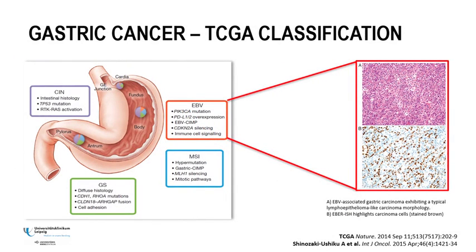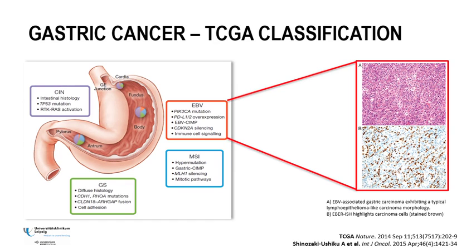Taking a short look at the last of the 4 subtypes of gastric cancer, the Epstein-Barr virus positive type of gastric cancer. I have mentioned it already before when we saw results from Korean investigators who reported that patients with EBV positive gastric cancer are more probable to benefit from treatment with the PD-1 inhibitor pembrolizumab.